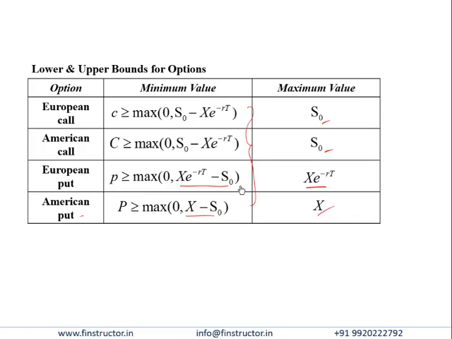Even if you don't memorize, just remember it can very easily be derived from the put-call parity. Just rearrange and you will get the minimum value for a call and the minimum value for a put. Maximum values you need to remember, and we just proved why a call can never be more than the spot price and a put can never be more than the strike price. For a European put, it will be X e raised to power minus RT.